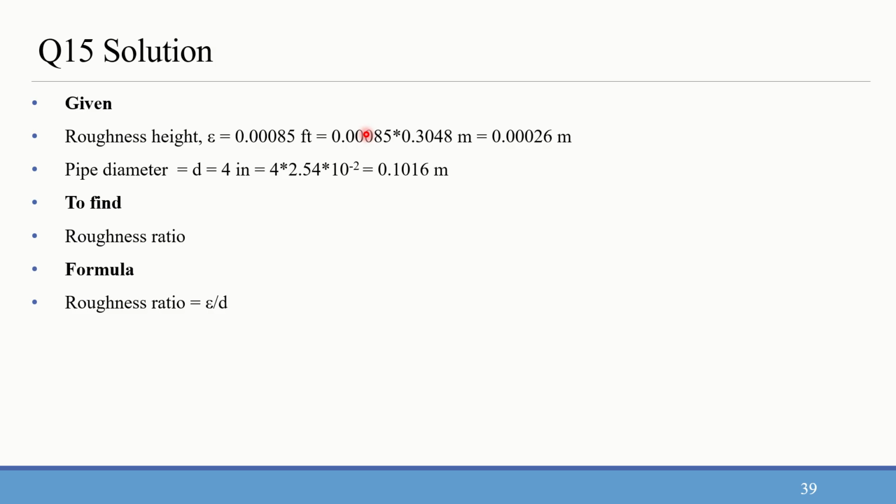So it is 0.00026 divided by 0.1016. So it is 2.559 into 10 power minus 3, 0.00256. So the roughness ratio is 0.00026 divided by 0.1016.